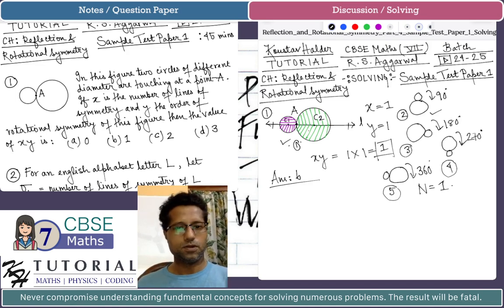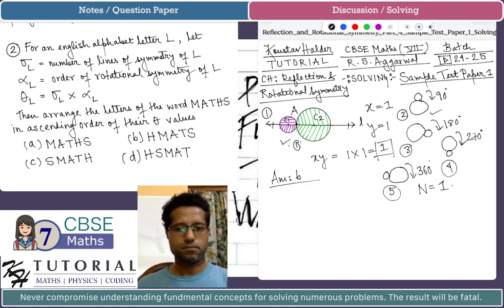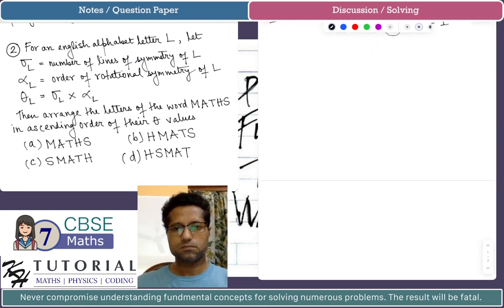Okay. So let's do problem number 2. Problem number 2 is saying that for an English alphabet letter L, some symbols are given.